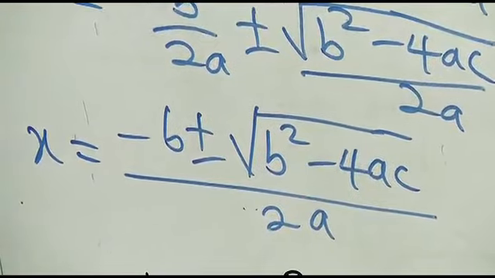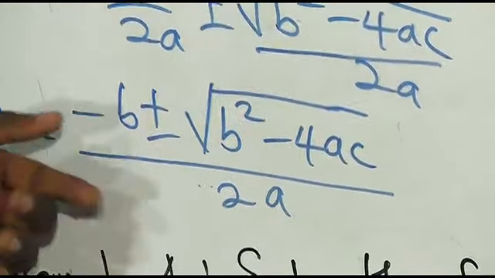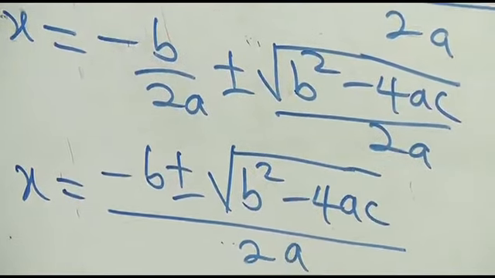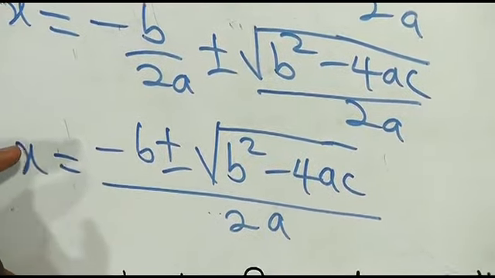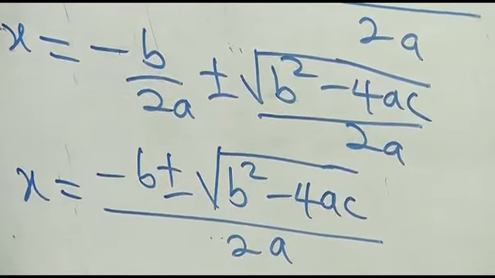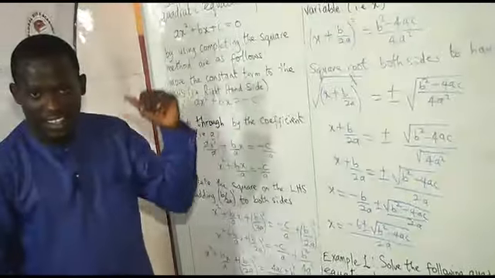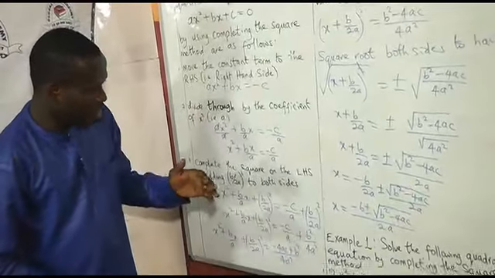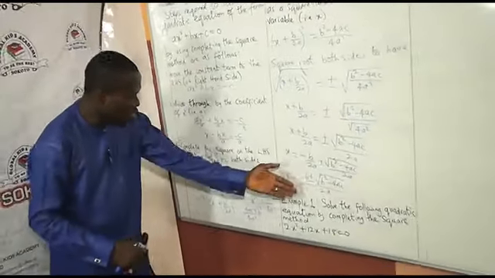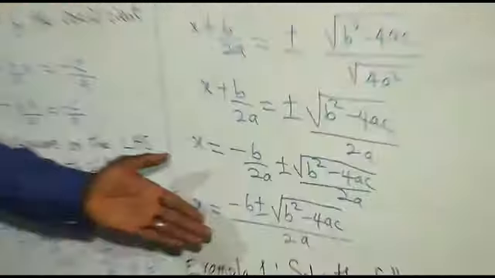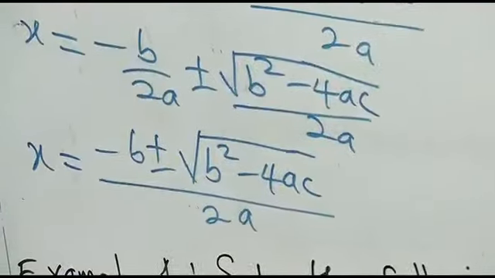Now when you look at this formula here, you discover that it is exactly the same as the quadratic formula that was discussed in the last class. So in a nutshell, we've been able to derive the quadratic formula using the completing the square method.